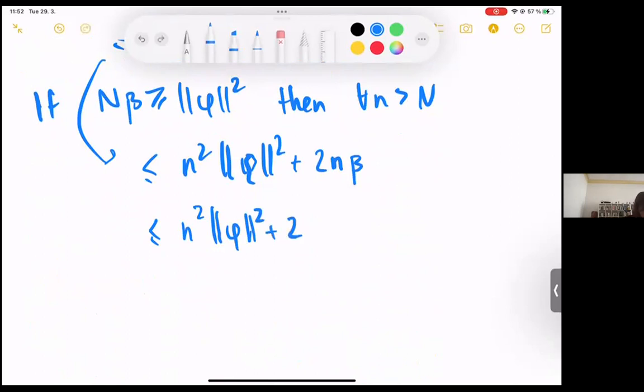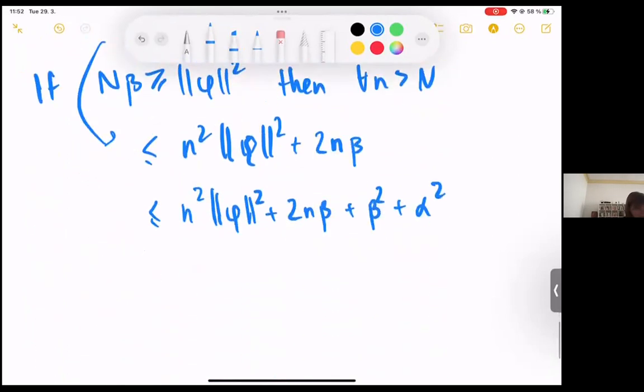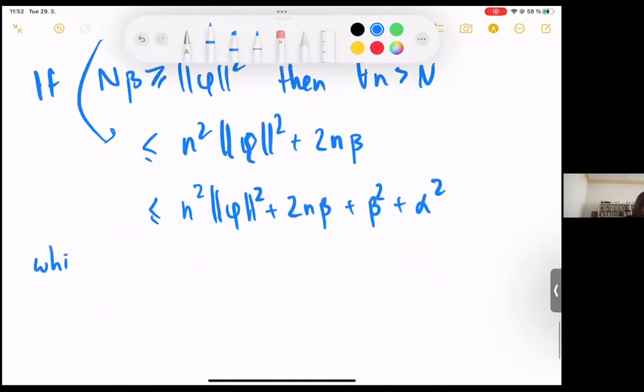Oops. And of course, that's impossible. So by the way, this should actually be not a less than or equal, but a strictly less than.